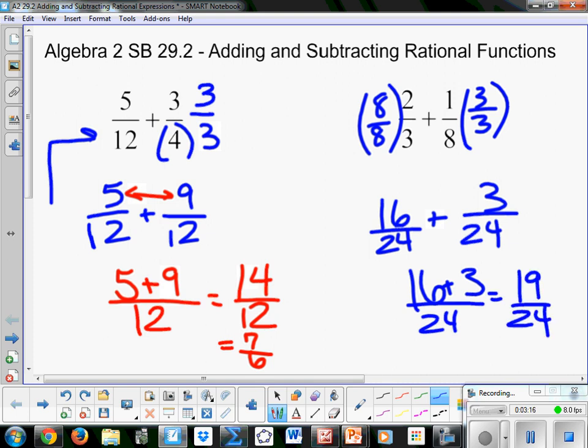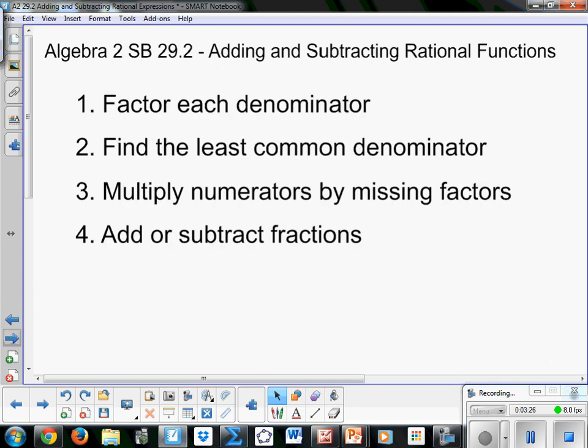Okay, so we've gotten some practice with fractions. I hope I've jogged your memory a little bit. So now we're going to look at something a little more messy when we have our rational function. So we're going to follow a lot of the same pattern that we did yesterday, except we're just going to factor each denominator.